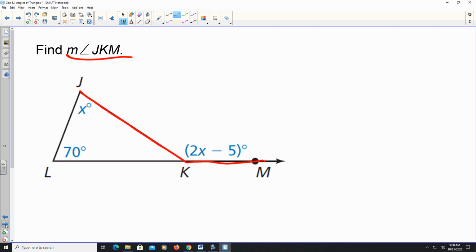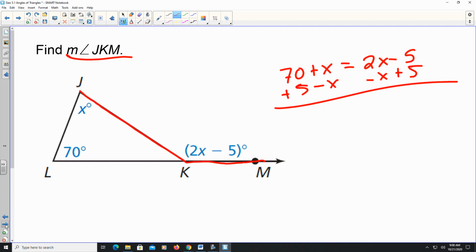But in order to find that, we need to find x. So in order to find x, this is going to be 70 plus x is equal to 2x minus 5 by utilizing the Exterior Angle Theorem. So what I'm going to do is subtract x from both sides, and I'm actually going to add 5 to both sides. Cancels these out here and here. I get 75 equals x.